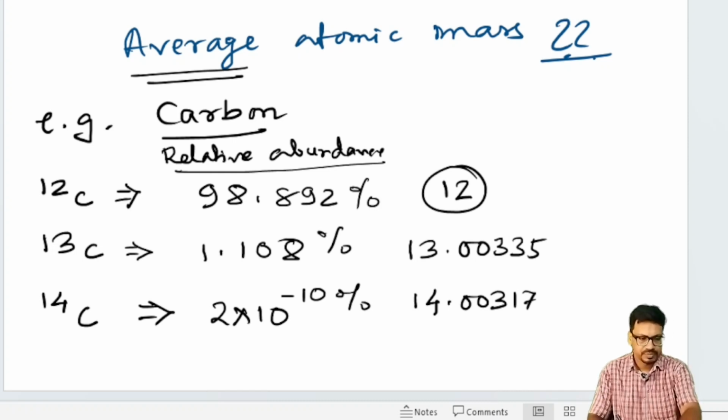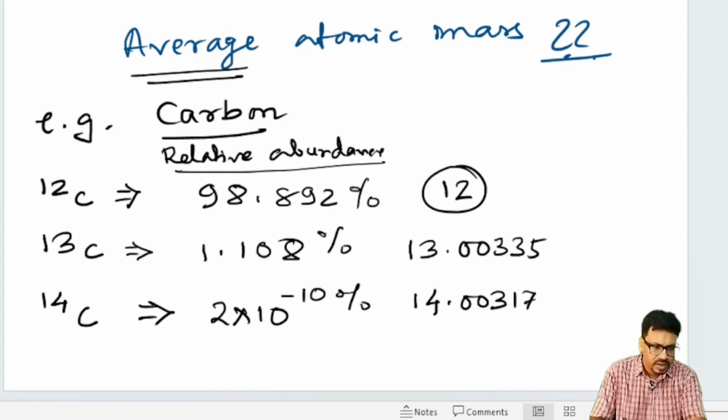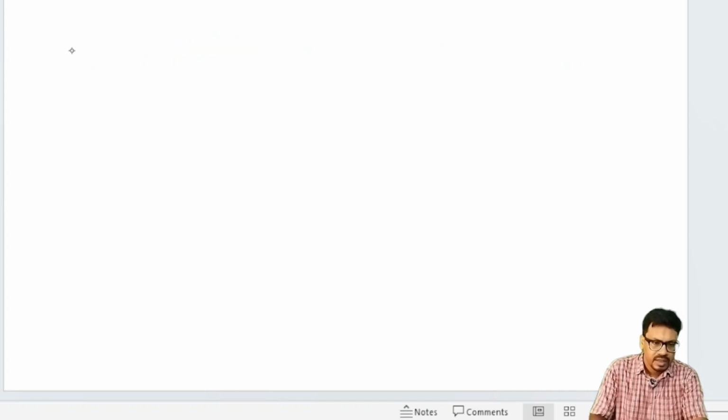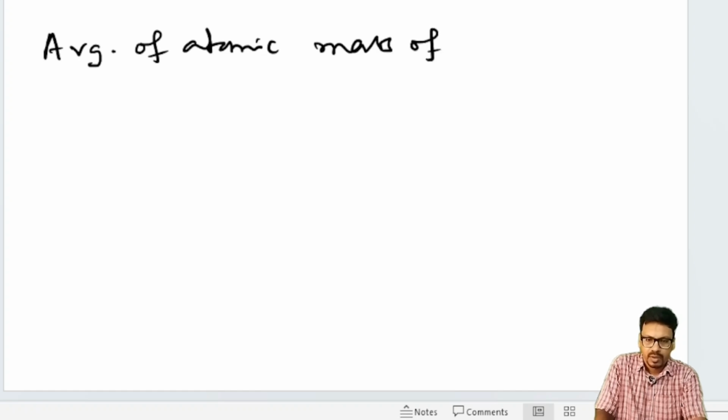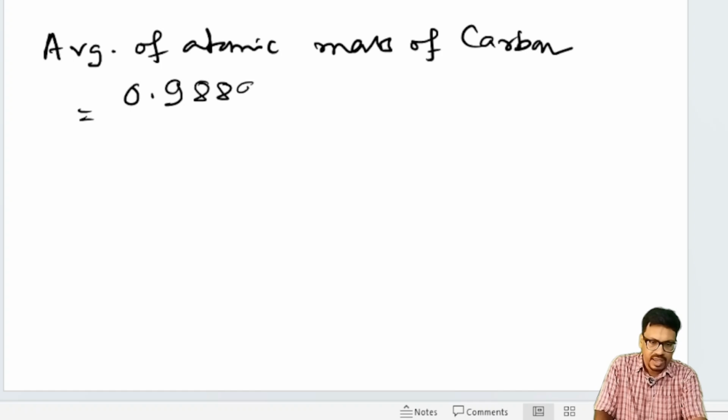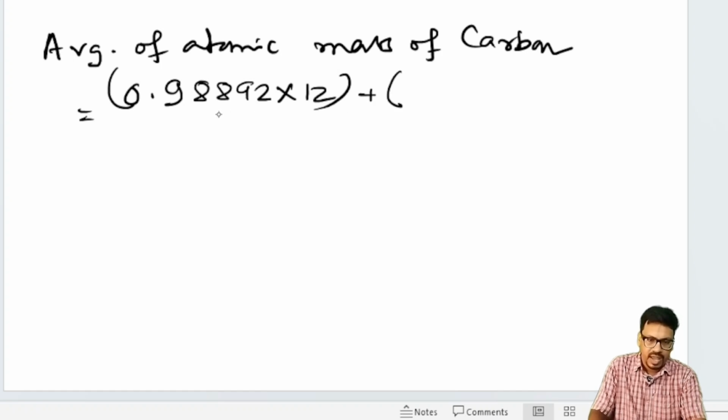So let us see. The average atomic mass of carbon is 0.98892 into the mass of C12 isotope, and this is the percentage.